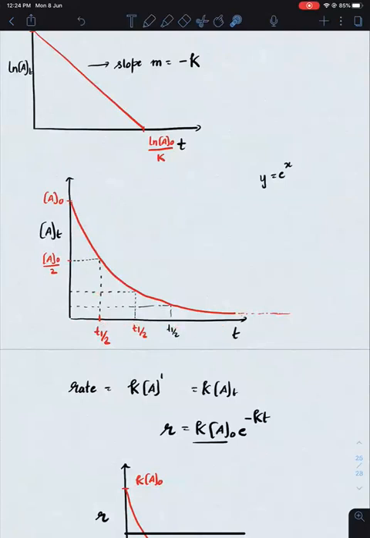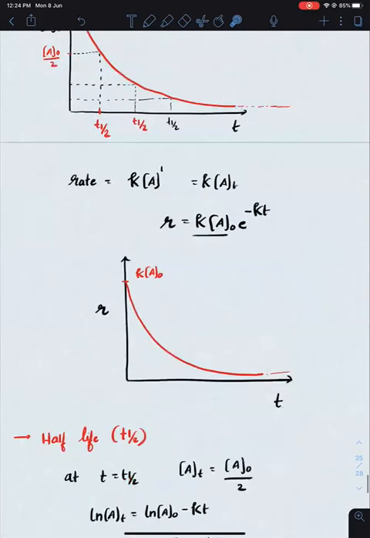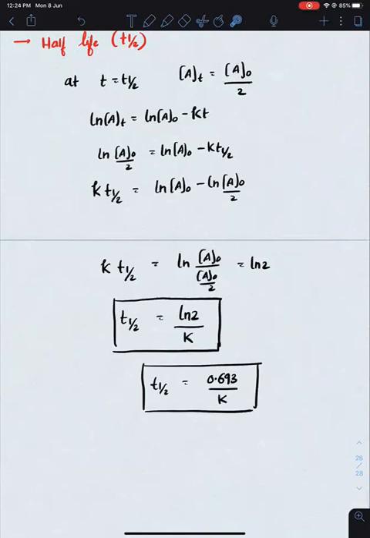So the time required for half of the initial concentration to react is always a constant, independent of initial concentration. It is simply 0.693 upon K. For every t half, the amount reduces by half, and so on.